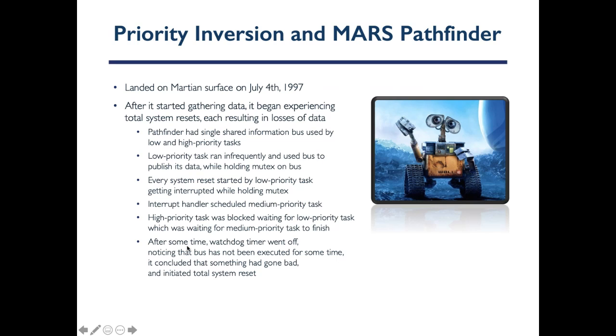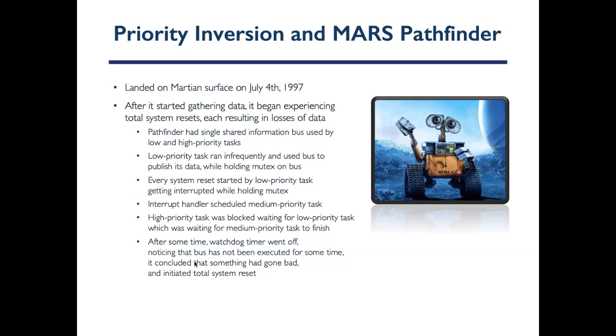Now the system had kind of like a heartbeat checker that would wake up every once in a while and check all the activity in the system and see if everything is all right. Now this guy would wake up and look at the bus, and he would see no transaction on the bus, because the low priority task is waiting for the medium priority task, and the high priority task is also waiting for the low priority task, and the medium priority task doesn't use the bus.